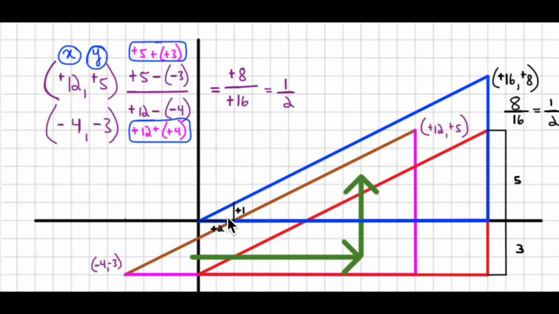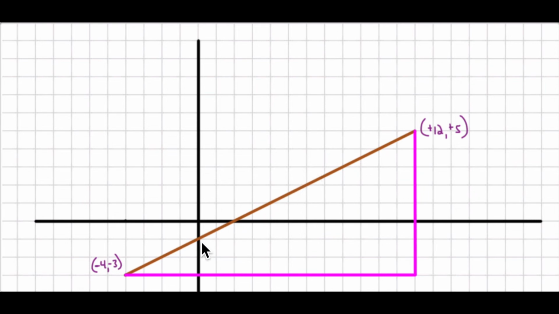That is the same as for every 1 unit along the horizontal axis, the vertical length is 1/2 unit. So this is 1 unit, 1/2 unit, 1 unit, 1/2 unit, 1 unit, 1/2 unit. So to calculate the slope of this line, you figure out what the difference is of the x-coordinates, this positive 12 and this negative 4. So that's sliding the slope triangle over to the right in the horizontal direction.